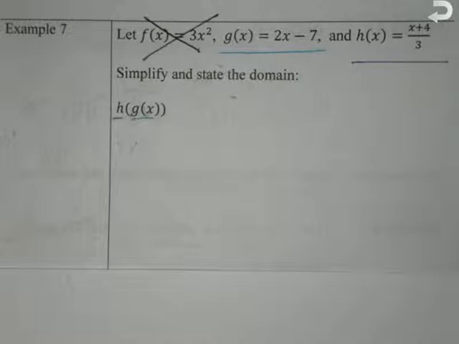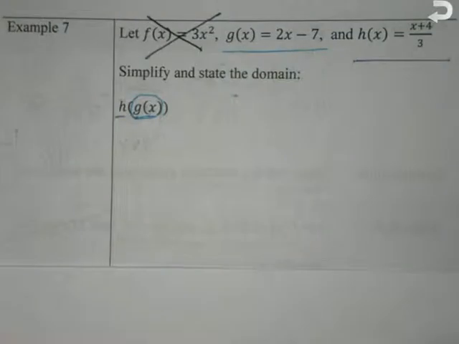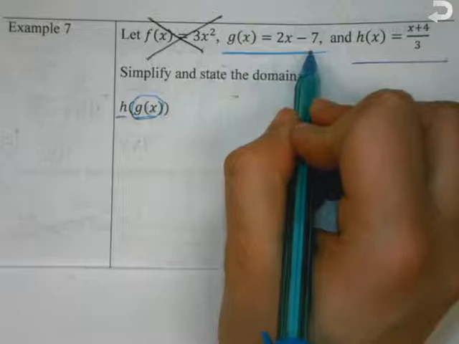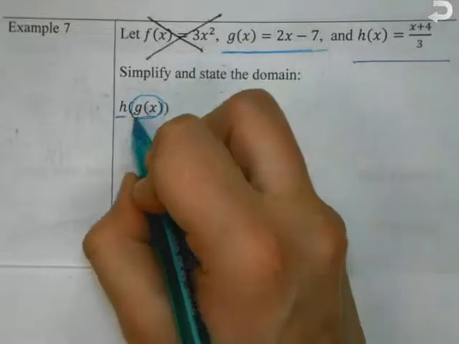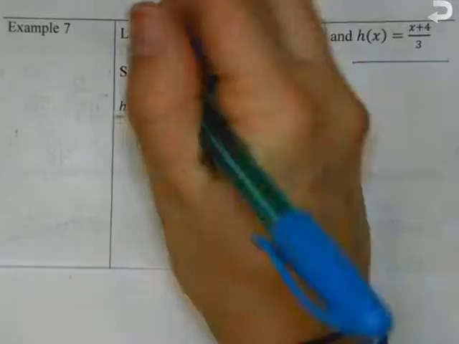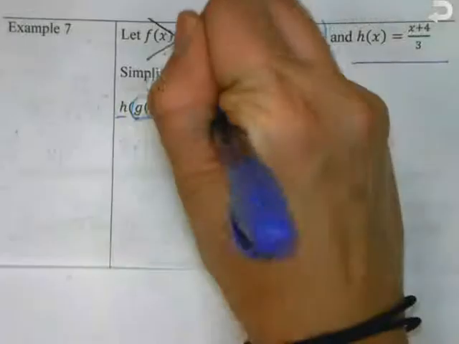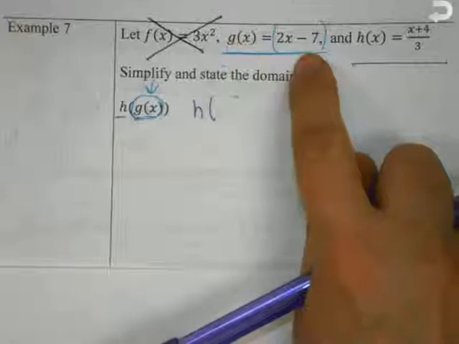I can't evaluate g of x any more than what I already know. So what we're going to do is take the g of x function, this guy, and plug it in. So I'm going to find h of, what was g of x? 2x minus 7.